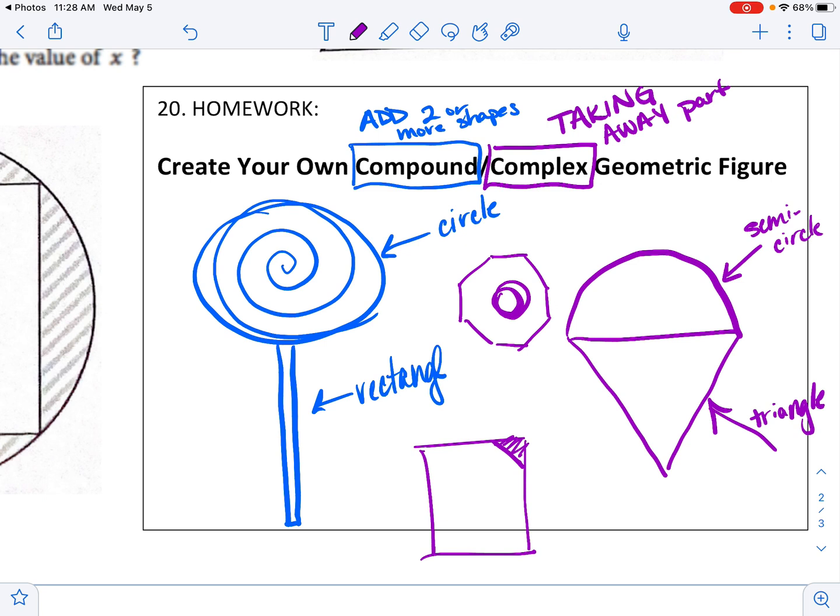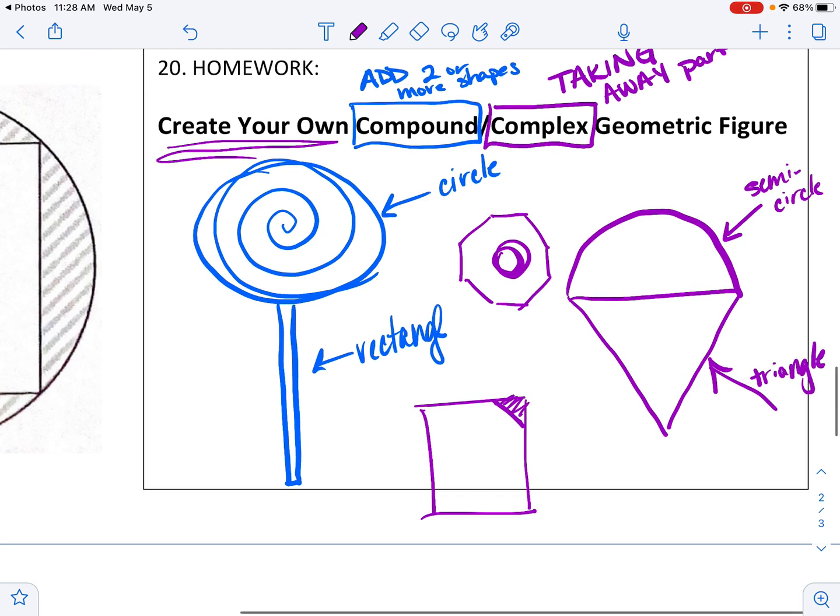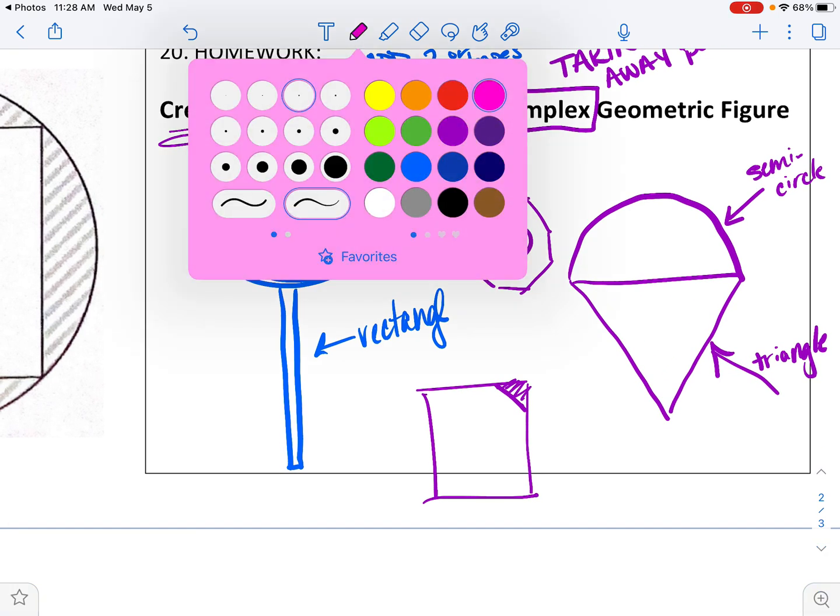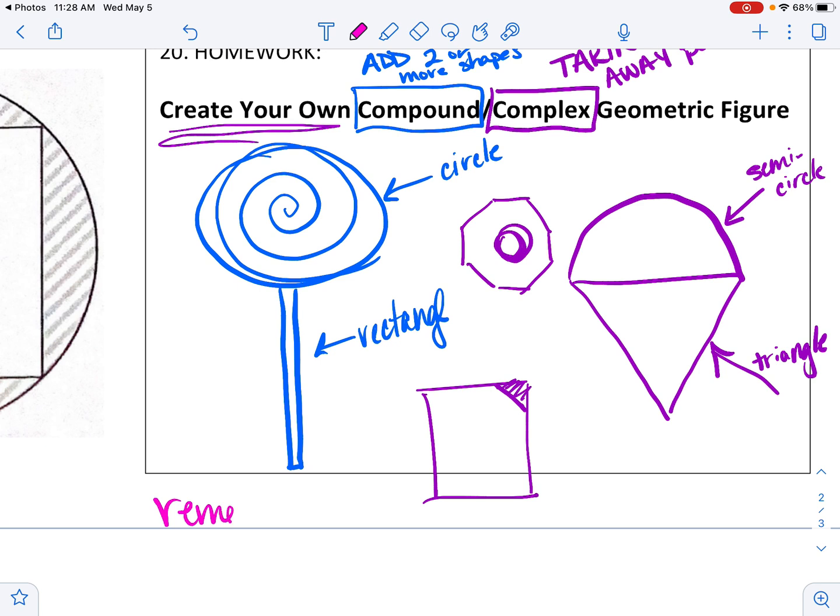So what you're expected to do for your homework is create your own compound or complex geometric figure. Things that you need to remember to include: if it is going to be taken away or you need to just find part of it, remember to include shading if needed.